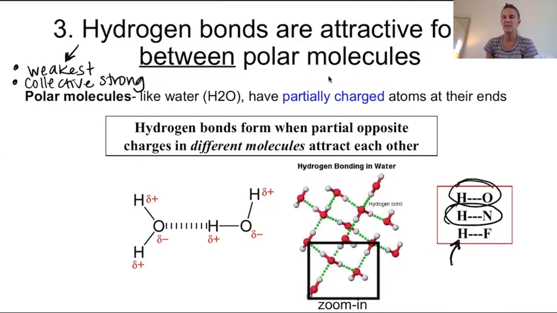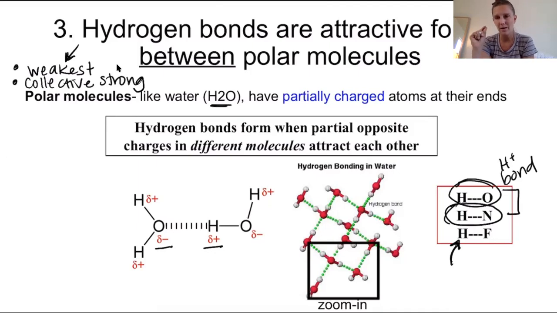Hydrogen and fluorine, but we don't see that very often. So really, the hydrogen bonding that we're going to see always involves a hydrogen, and then it also has oxygen or nitrogen, right? So these polar molecules, such as water, have partially charged atoms at their ends. And so hydrogen bonding forms when a partial negative interacts with a partial positive. And I'll give you a clue.